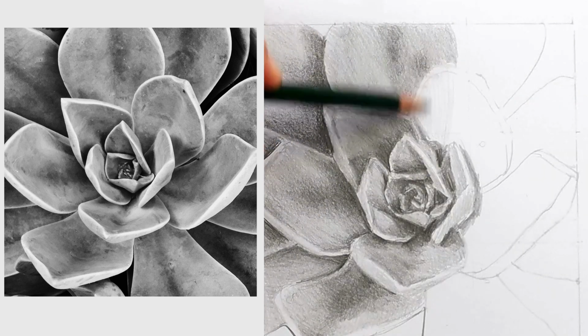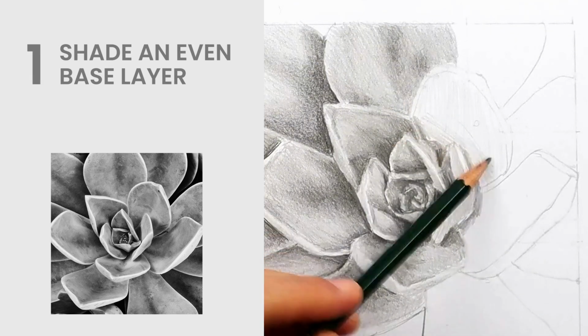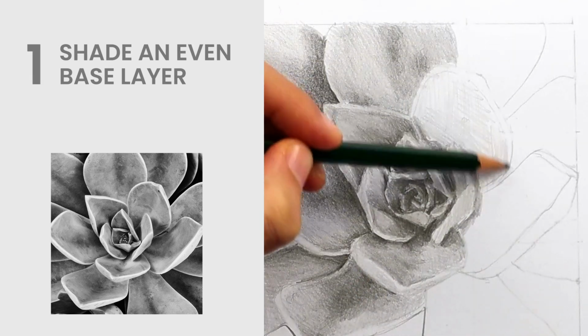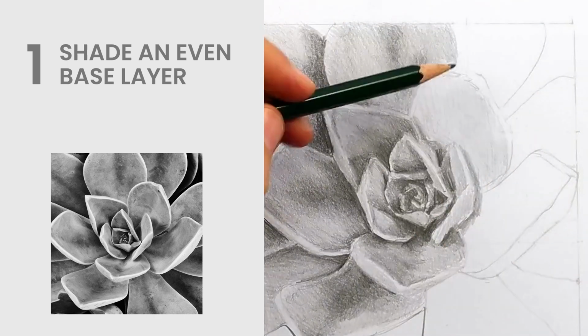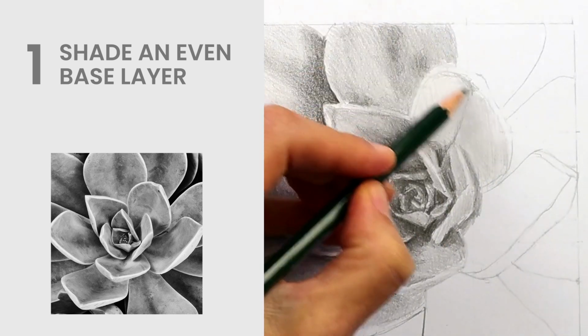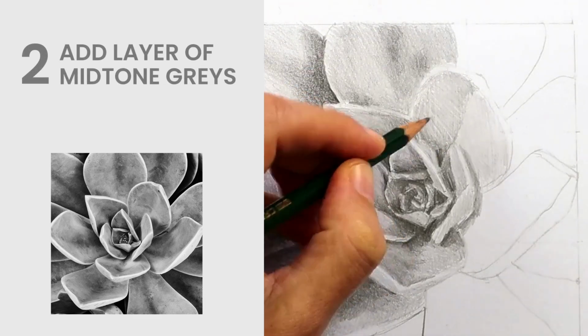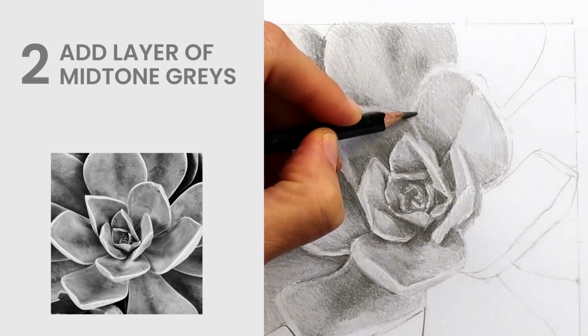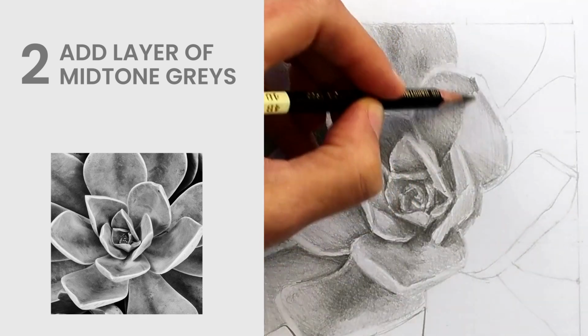Let's take another quick look at that shading process. Step 1. Shade a light, even base layer of all the areas except for those that you want to leave white. You can blend this base layer with a tissue to smooth it out if you want to. Now don't press too hard when you're blending. Step 2. Build up a second layer focusing on the midtones. These are all of the greys between white and black.